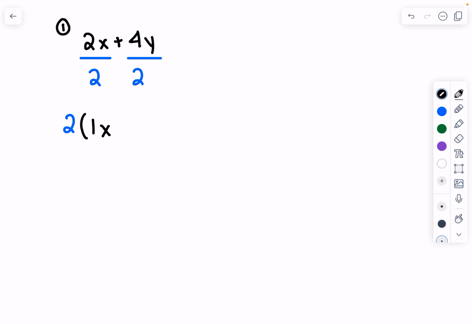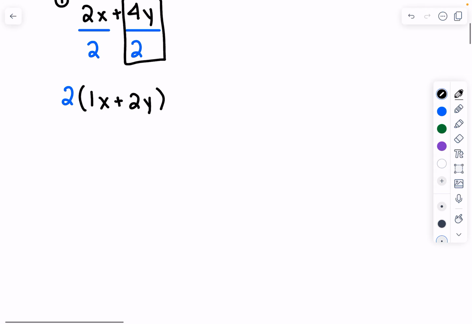Okay. Next part, that plus or minus, whatever's separating it, just keep it. And then we'll just deal with the terms without the sign. So we're just looking at 4y divided by 2. 4 divided by 2 is 2. And same thing, y divided by nothing is just still y. Okay, notice our final answer, which is this. We common factored by a factor of 2.